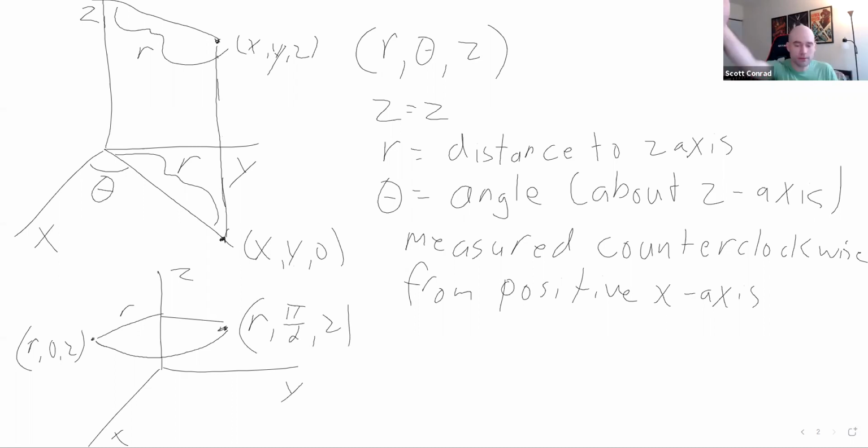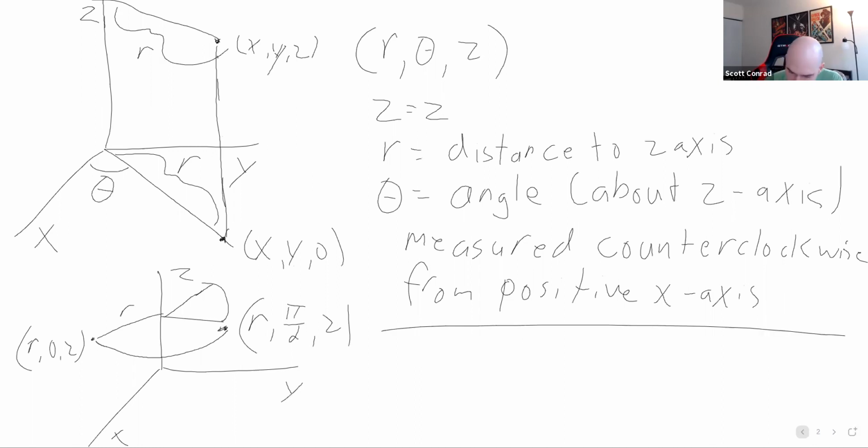When theta equals pi, you're directly above the negative x-axis. When theta equals 3 pi over 2, directly above the negative y-axis, and then theta equals 2 pi, you've gone all the way around. So you're just taking your point, keeping the same height, keeping the same distance from the z-axis, but rotating about the z-axis.